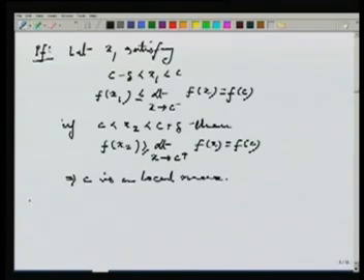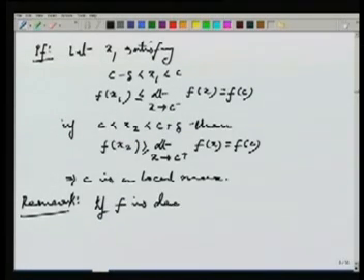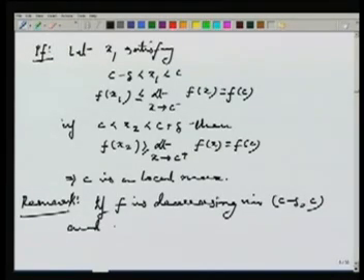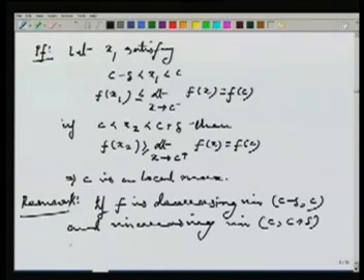Now again, as a remark, I will tell you what happens in the case of minimum: if f is decreasing in (c minus delta, c) and increasing in (c, c plus delta), then c is a local minimum.